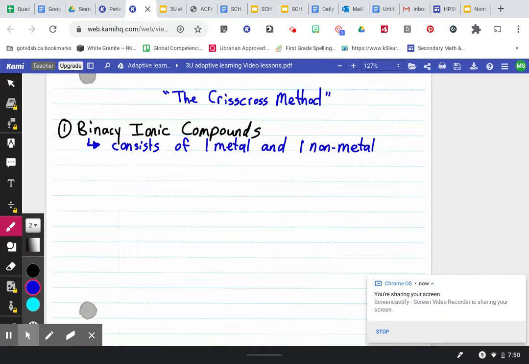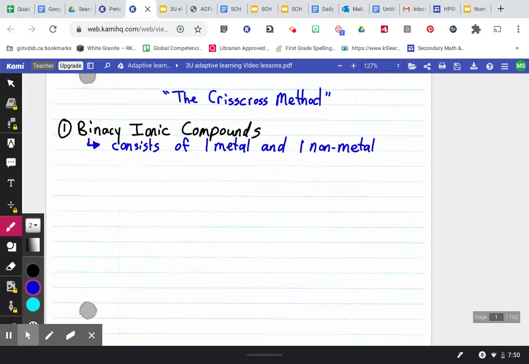All right, this is a brief video tutorial to talk about the crisscross method that we can use to determine the formula for an ionic compound. This video is basically showing a shortcut on how to determine a formula from the name of a compound.